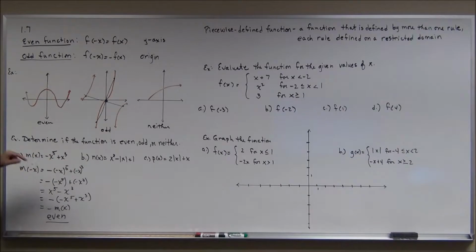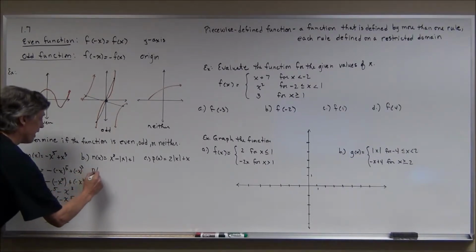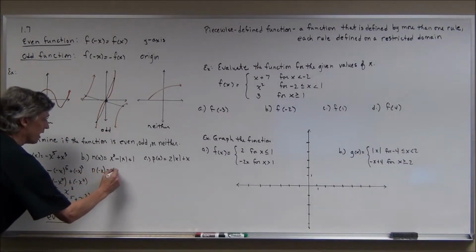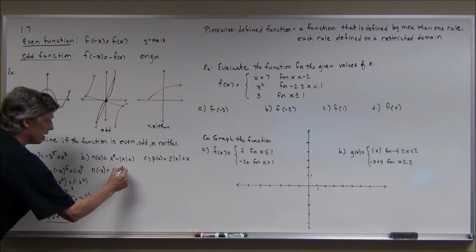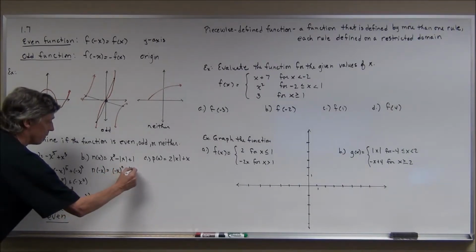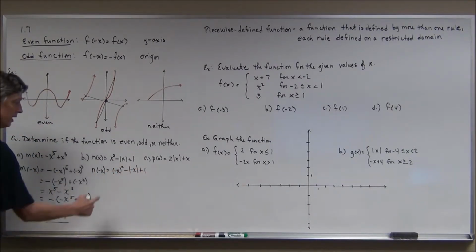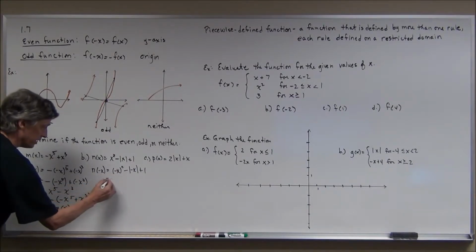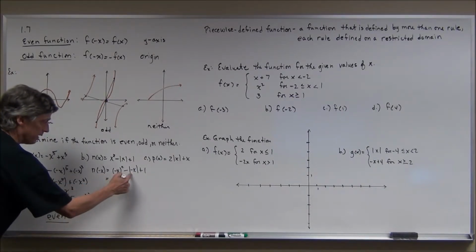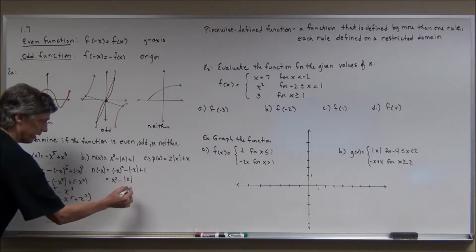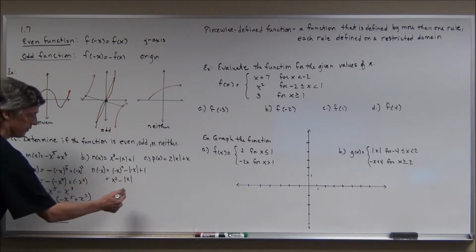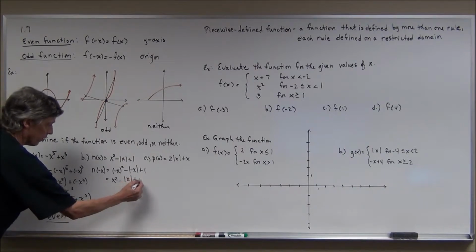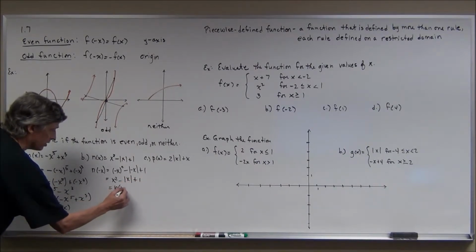Now let's try this guy over here, n of x. So I take n of the opposite of x. So that's the opposite of x squared minus the absolute value of the opposite of x plus 1. The opposite of x times the opposite of x is x squared, minus the absolute value of the opposite of x, which is the absolute value of x, because they're opposites and the absolute values would be equal, plus 1. Well, this is right back to the original.